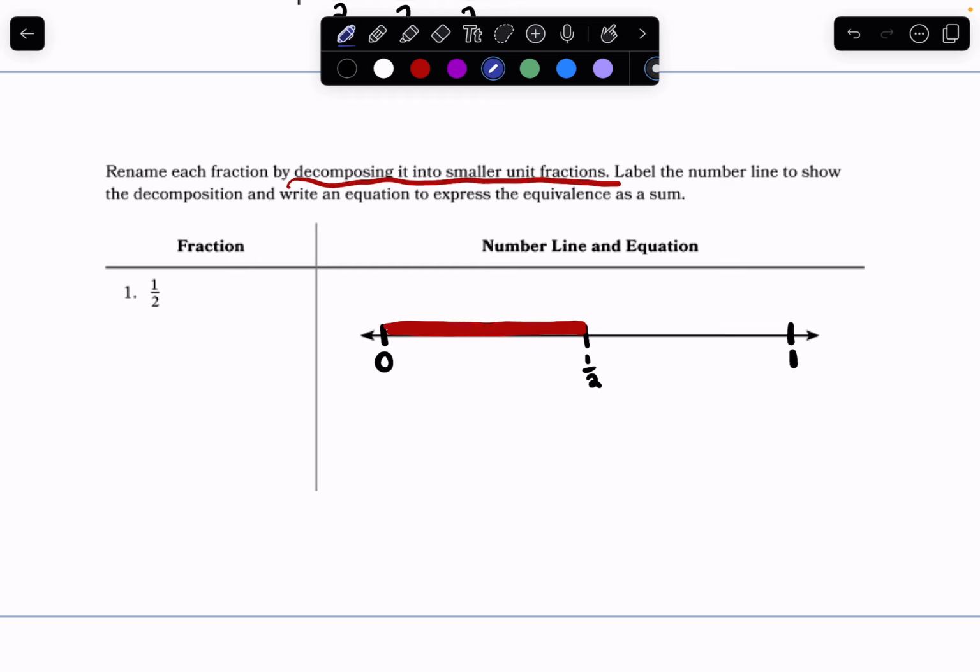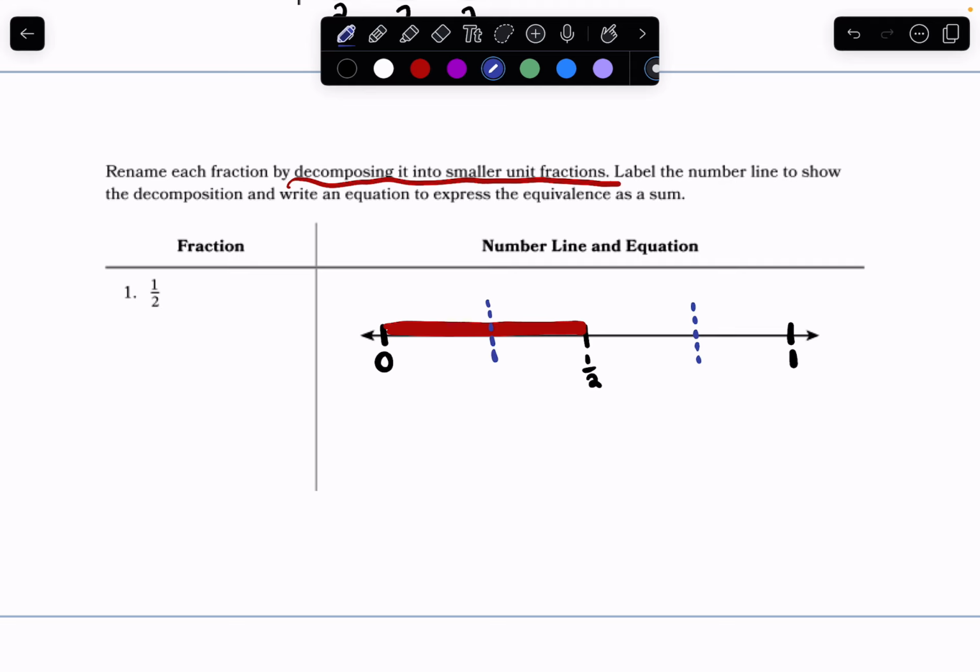We're going to start by breaking apart 1/2 just in half again. And this different color is going to show what that looks like. So I split that half in half, and I'm going to split this half in half as well. That bluish purple line shows where we decomposed or broke down this fraction of 1/2 into smaller pieces.